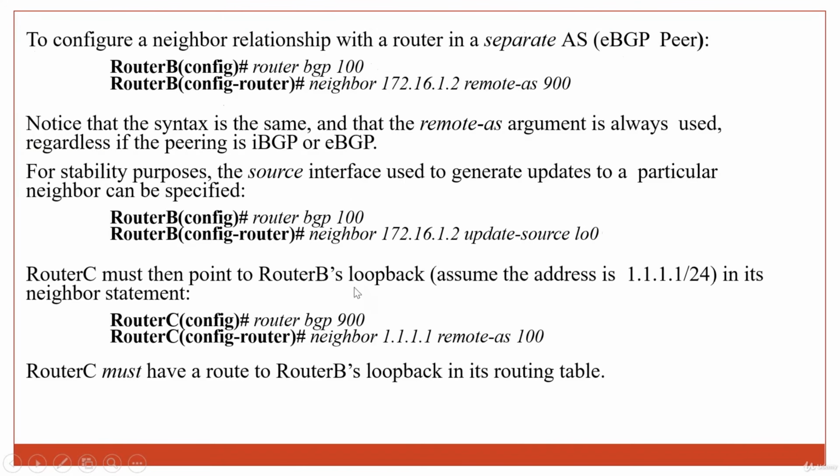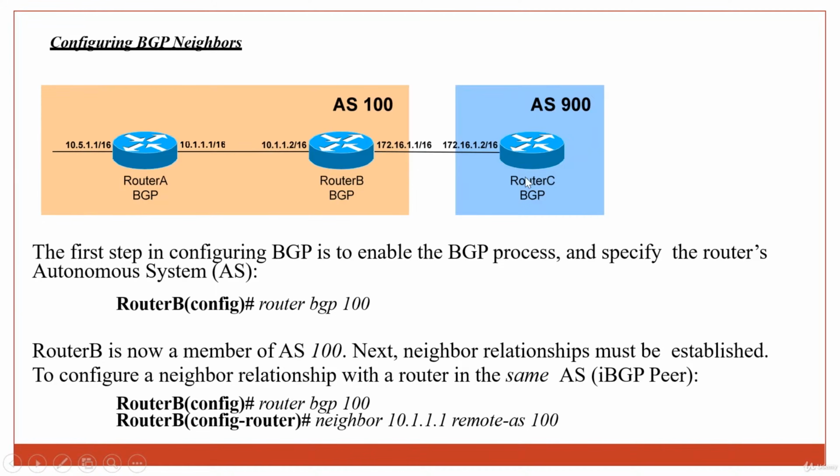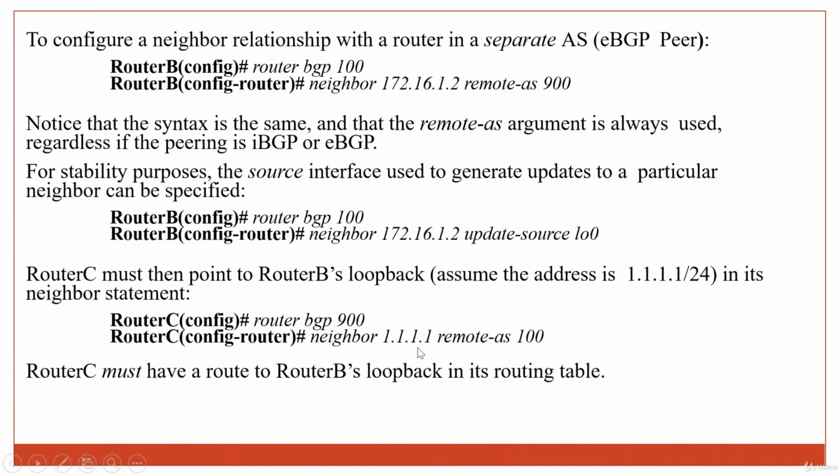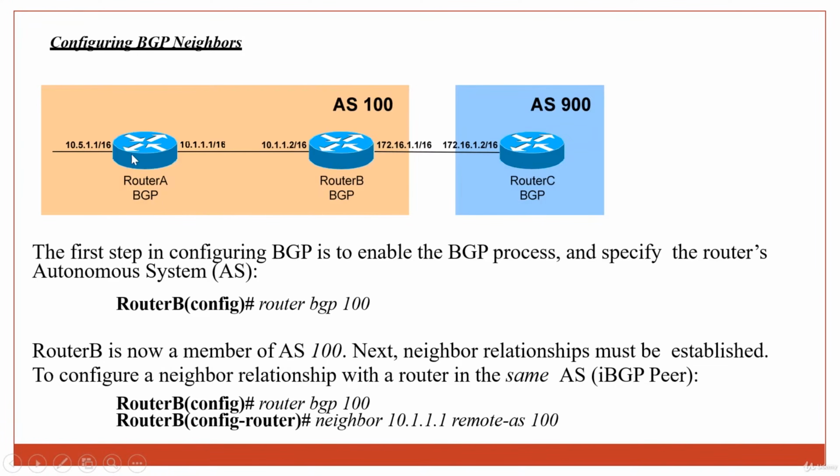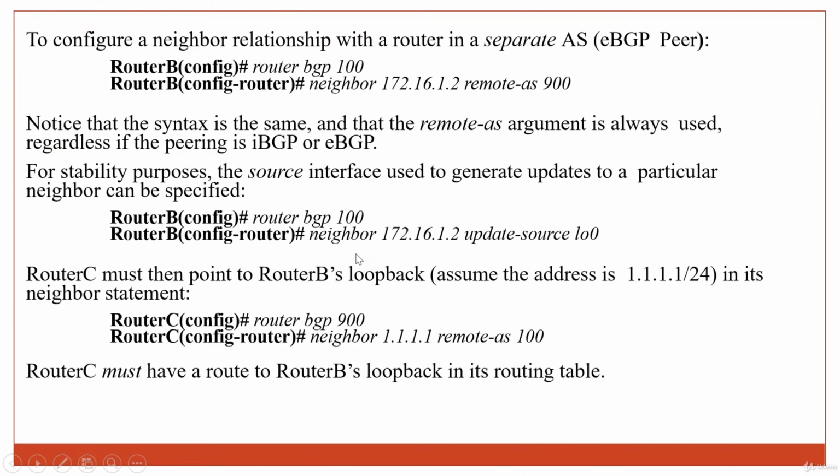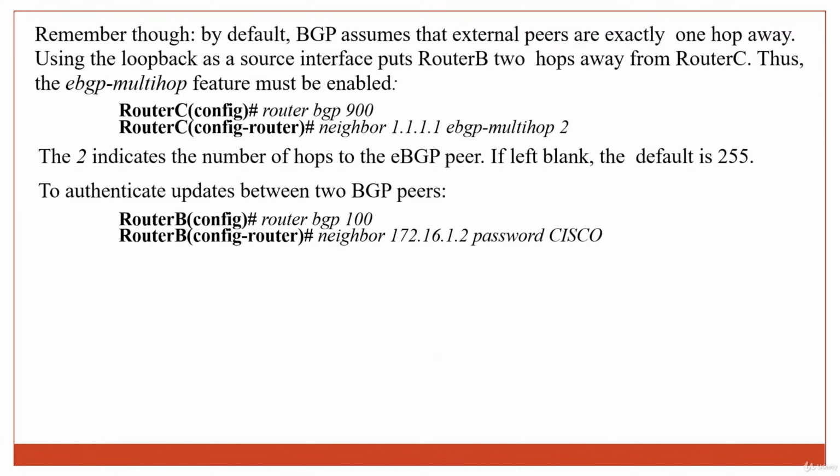Router C is using neighbor 1.1.1.1, and obviously that is router B's loopback address. So that will be a hop away. For that we should use neighbor 1.1.1.1 ebgp-multihop 2. You should count how many hops away your peer is, and then use the ebgp-multihop command.